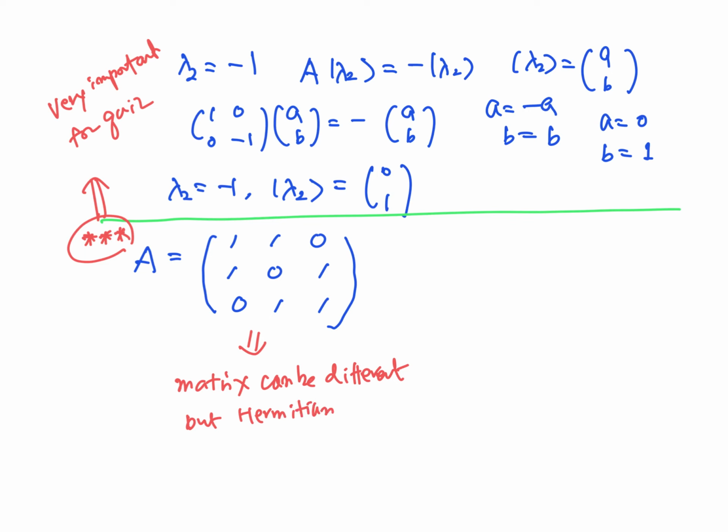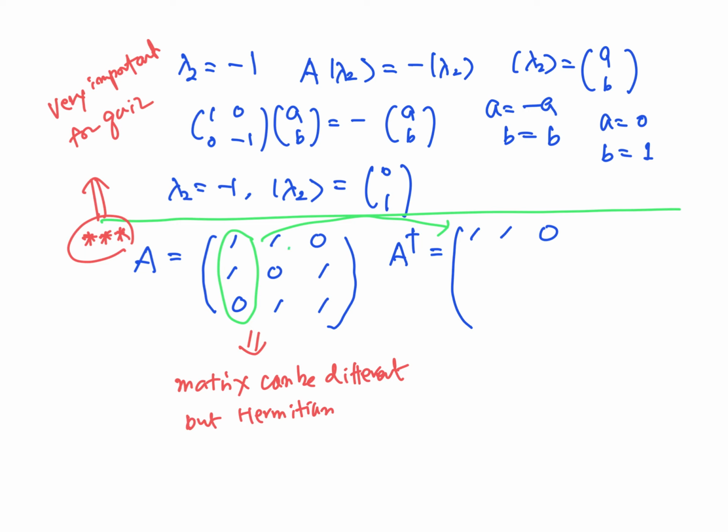So let's check whether this matrix is Hermitian. A adjoint. So Hermitian is a transpose complex conjugate, right? So you change the column to row. So you take this column into the row: 1 1 0, right?